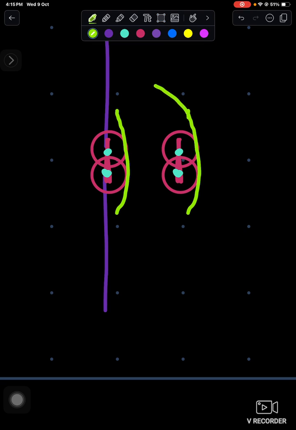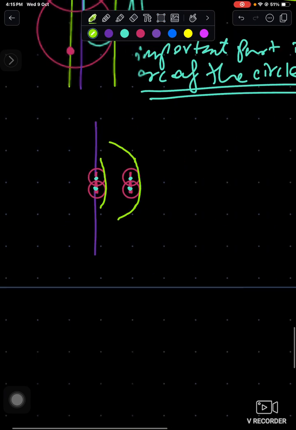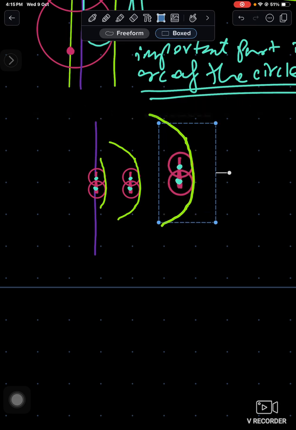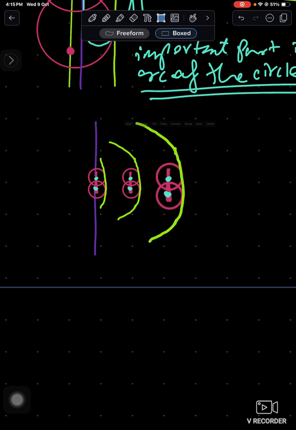And this will increase in length, and like this it will have the same thing, but we're increasing the depth, the length.